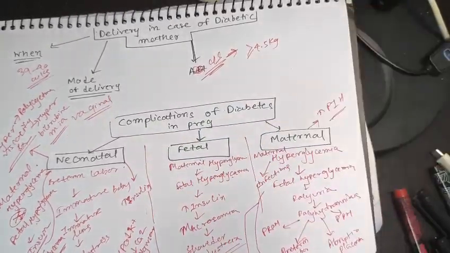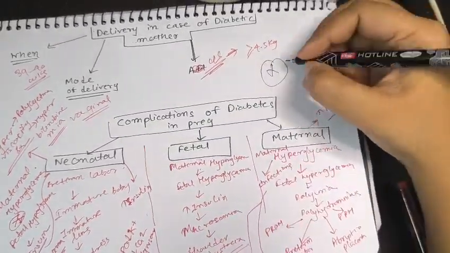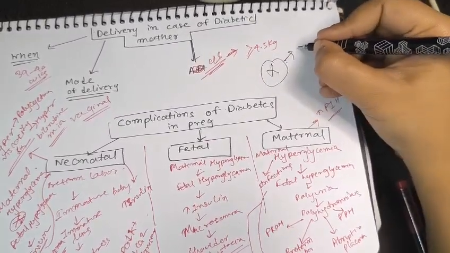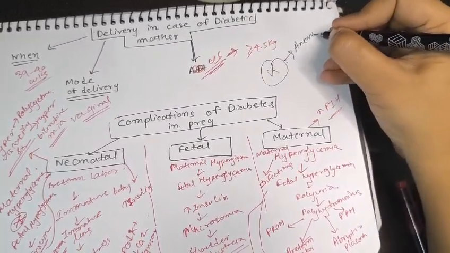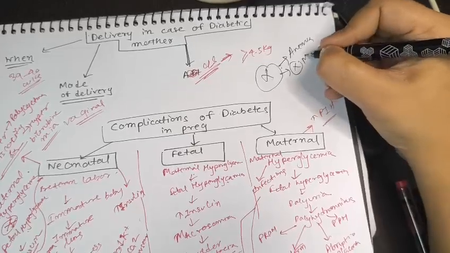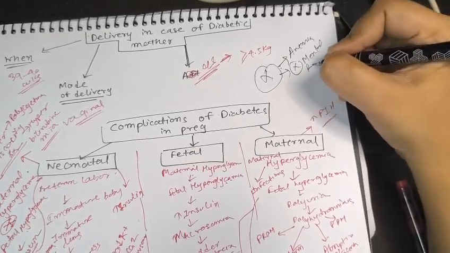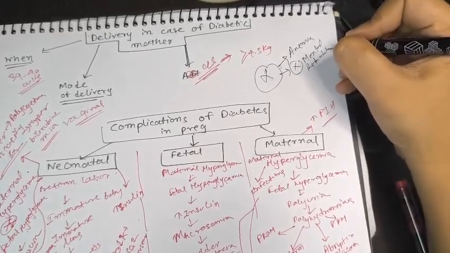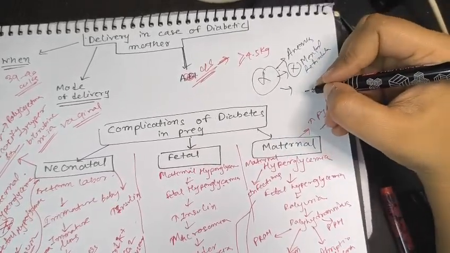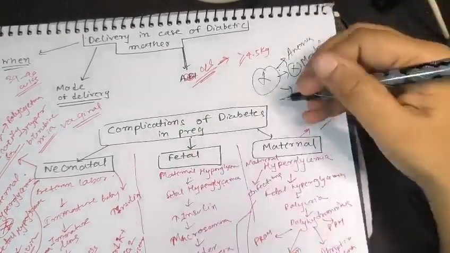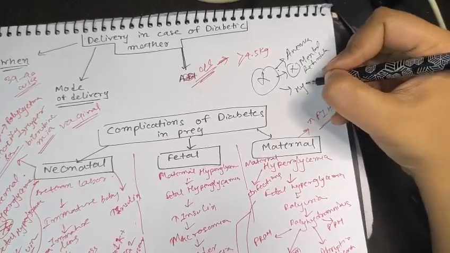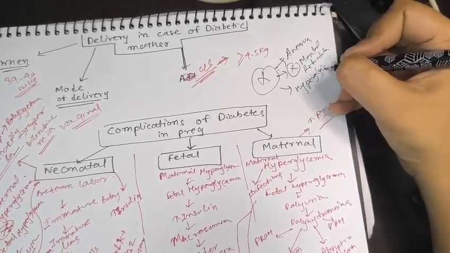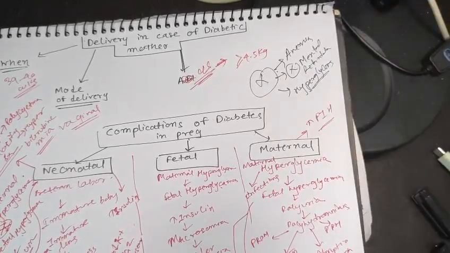But a neonate of a diabetic mother will not have anemia, will not have any mental retardation, will not have hyperglycemia, right?